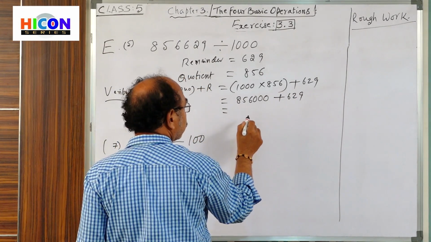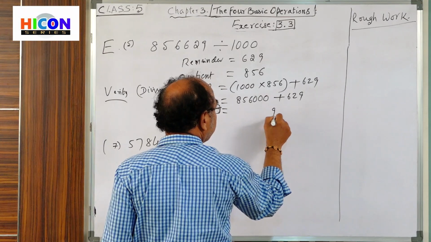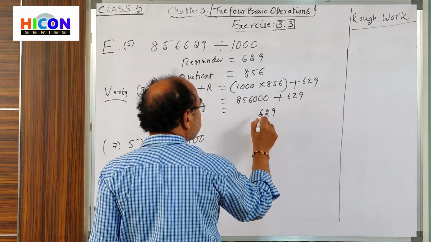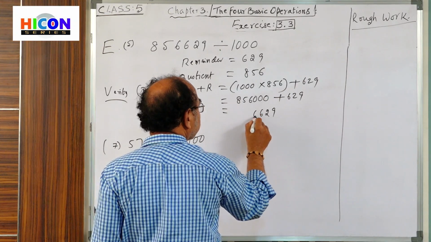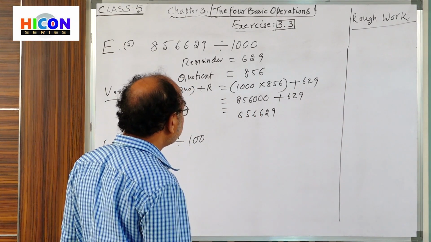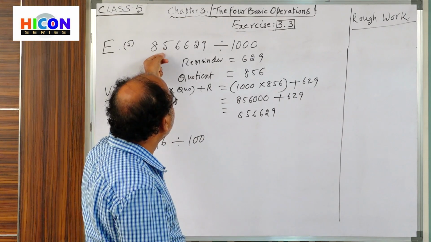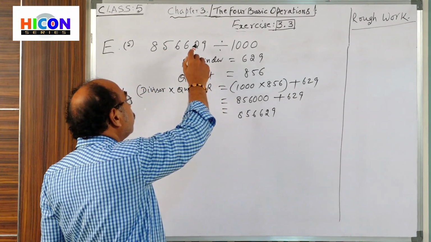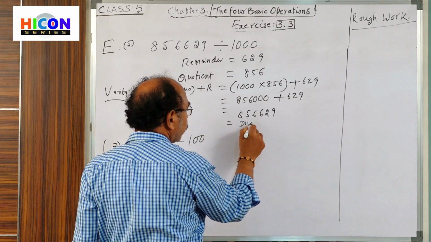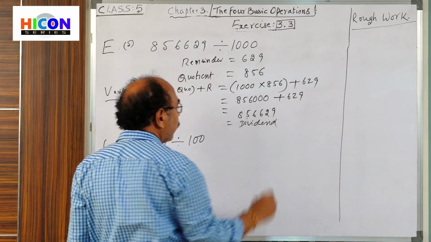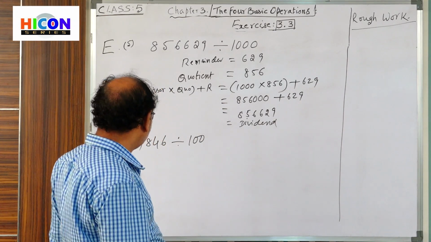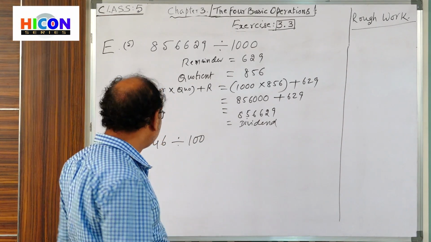That is 9 plus 0 is 9, 2 plus 0 is 2, 6 plus 0 is 6, next to 6, 5, 8, 8, 5, 6. That is the dividend we got again. So dividend is equal to divisor into quotient plus remainder. Like this.